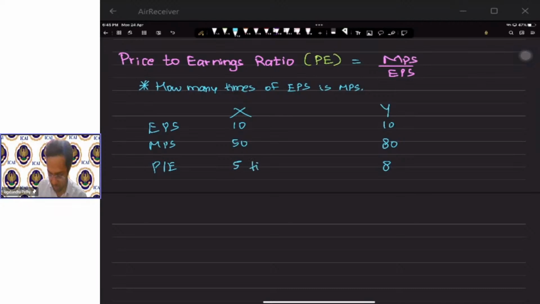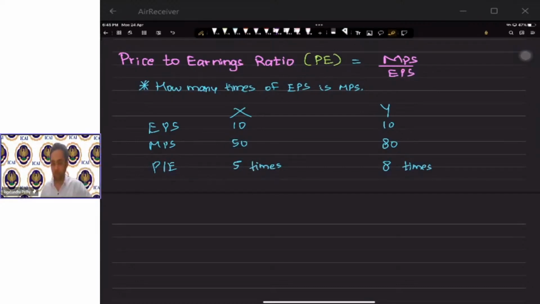And this is always measured in times, by the way, guys. Always remember it's going to be measured in times. For the same level of earnings per share, Y has a market price of 80, while X has just a market price of 50.